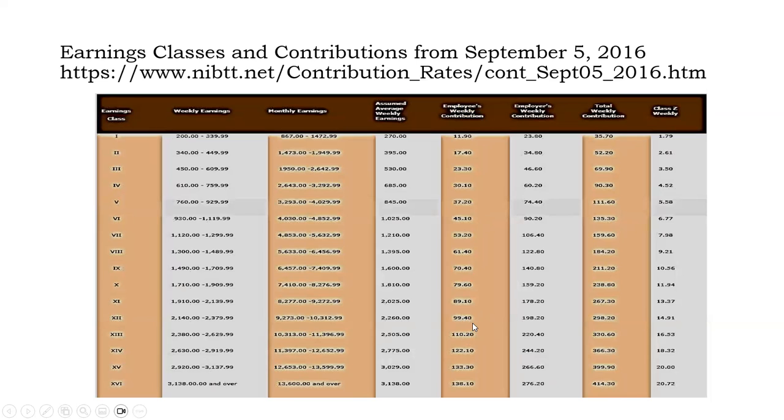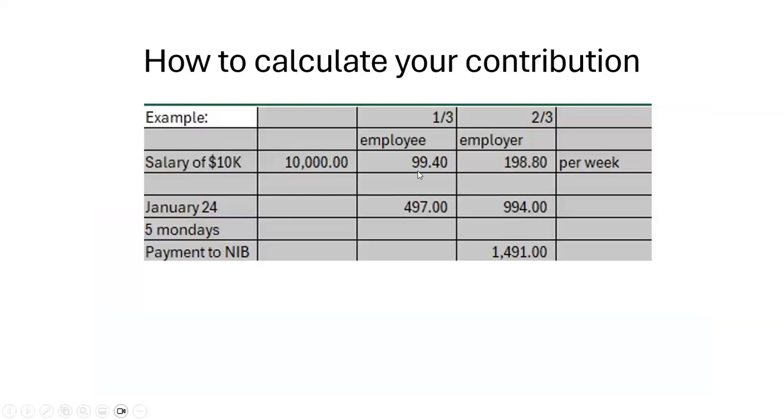The employer's weekly contribution, if you go along here, will be $198.80. Those are the only two figures you need to worry about. Okay, so when we go to the next slide, you see the 99.40 in the cell here, and the 198.80 under employer.